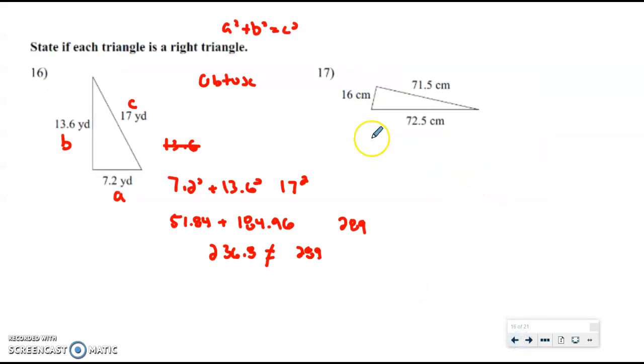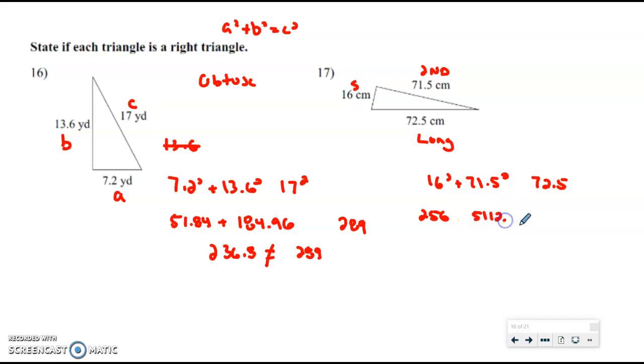this next one here. I know I don't really have much room, but we'll work with it. This is my smallest, that's my second smallest, and this is my longest. So if I do 16 squared plus 71.5 squared and compare it to 72.5, 16 squared is 256. 71.5 squared is 5,102.25.